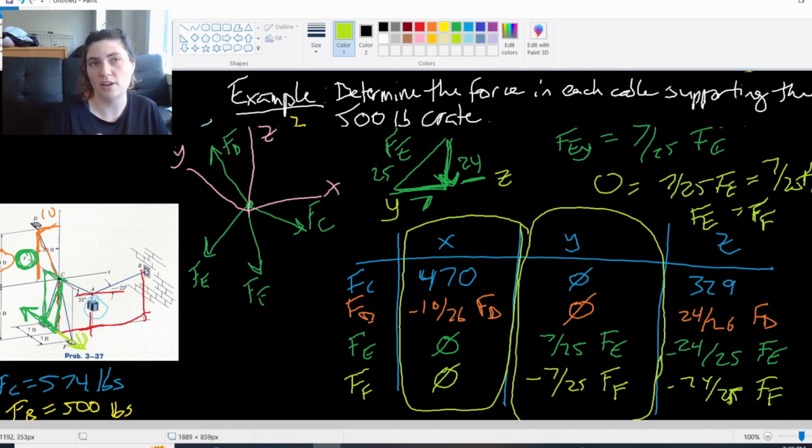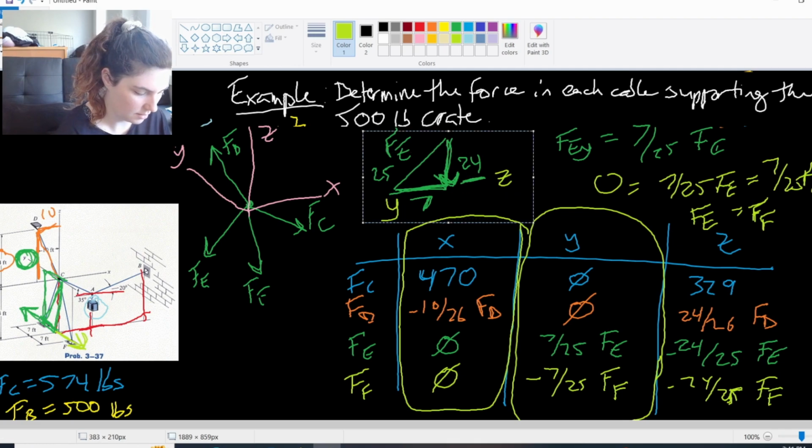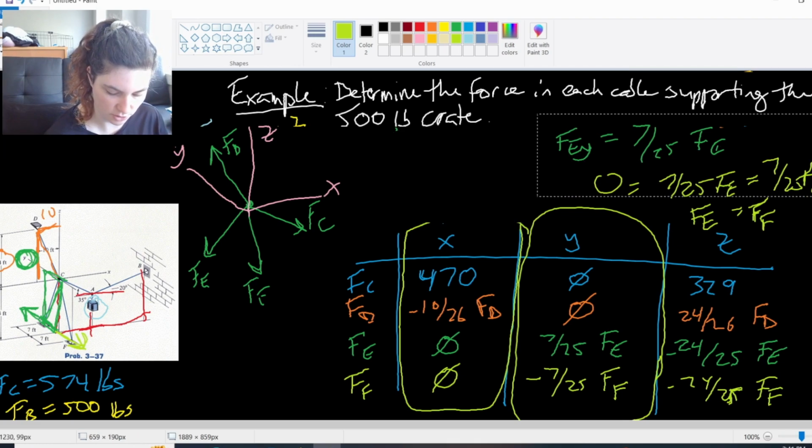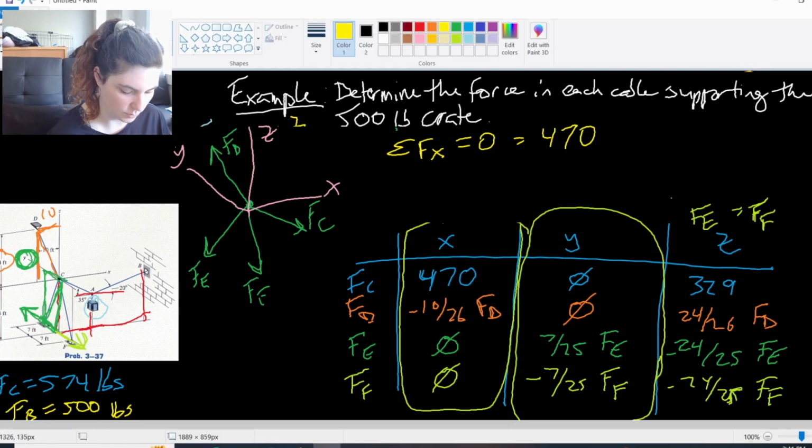And then I see, okay, well, I've got 470 minus 10/26 FD equals 0. That means I can solve for FD, right? I'm going to go ahead and set that one up. If I set up this x equation here, equilibrium equation, sum of forces in the x direction equals 0, and then we're just adding them down the column, right? 470 minus 10/26 FD.